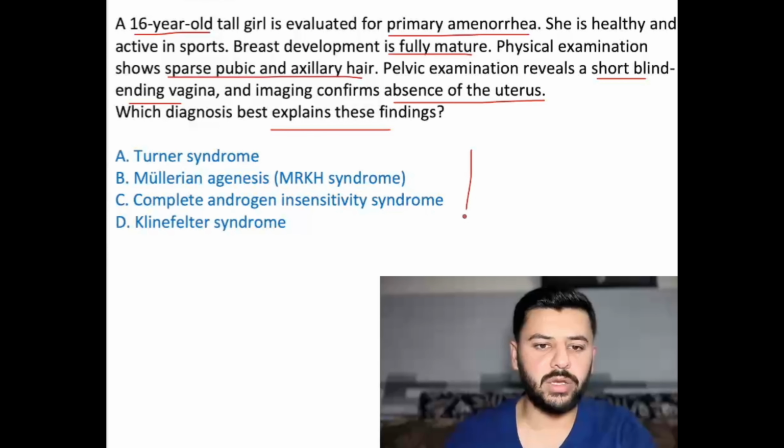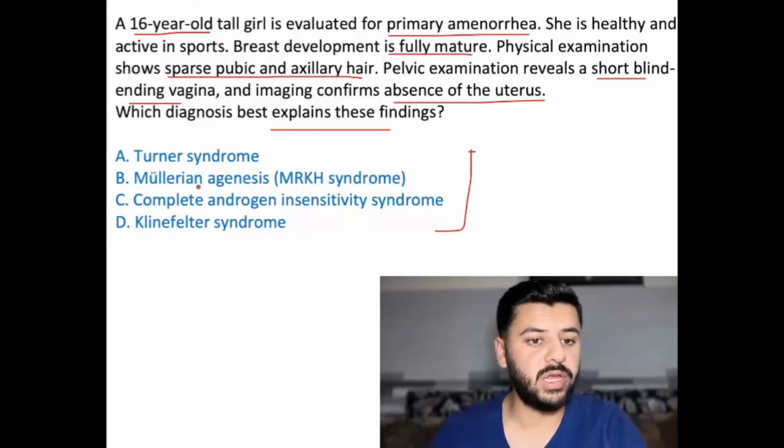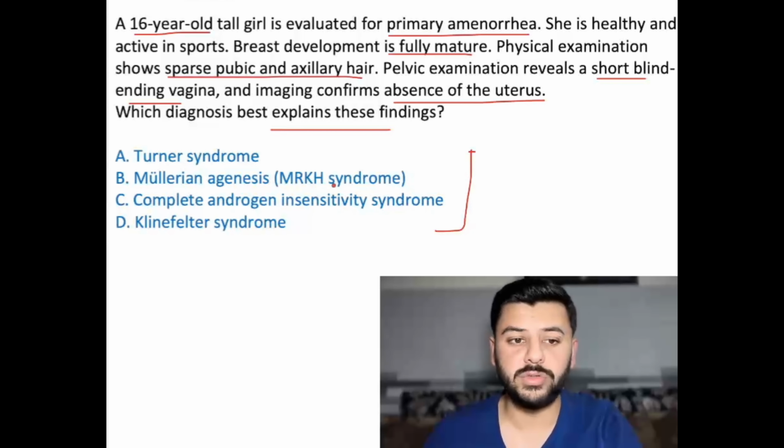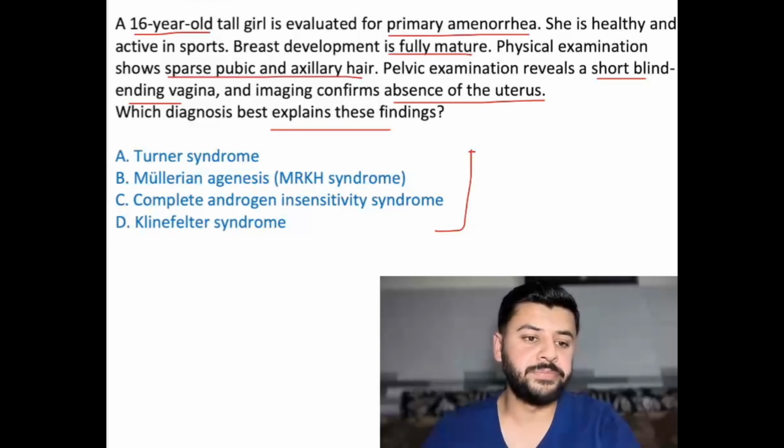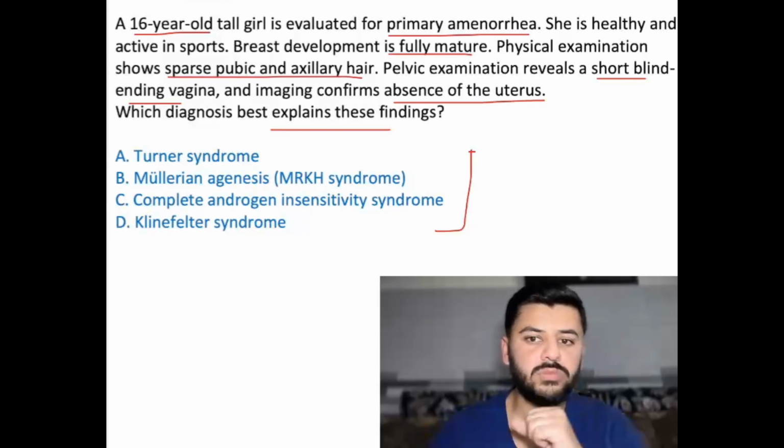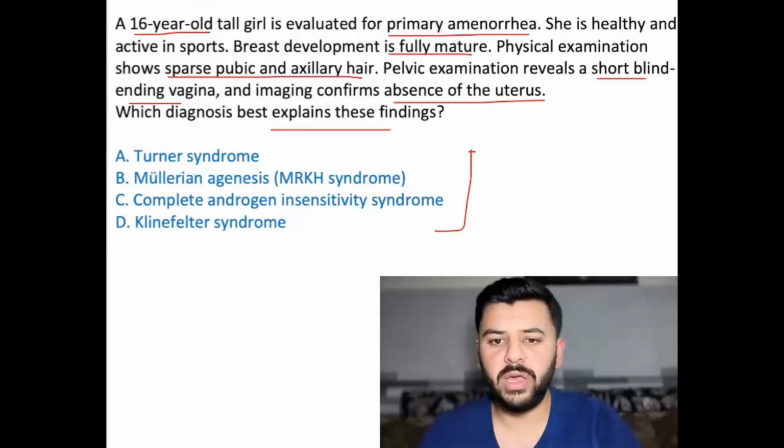So you have 4 diagnoses and you have to tell which one is the correct answer. Number 1, Turner syndrome. Option 2, Müllerian Agenesis, Mayer-Rokitansky-Kuster-Hauser syndrome. Good luck with that name. Option C, complete androgen insensitivity syndrome. And option D, Klinefelter syndrome. Okay, so primary amenorrhea.